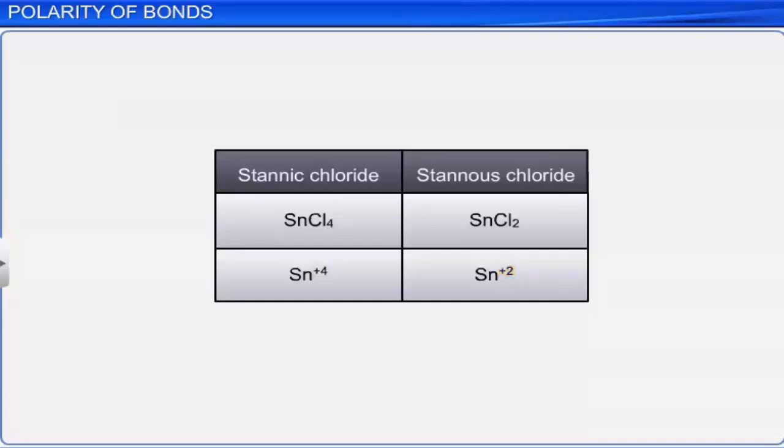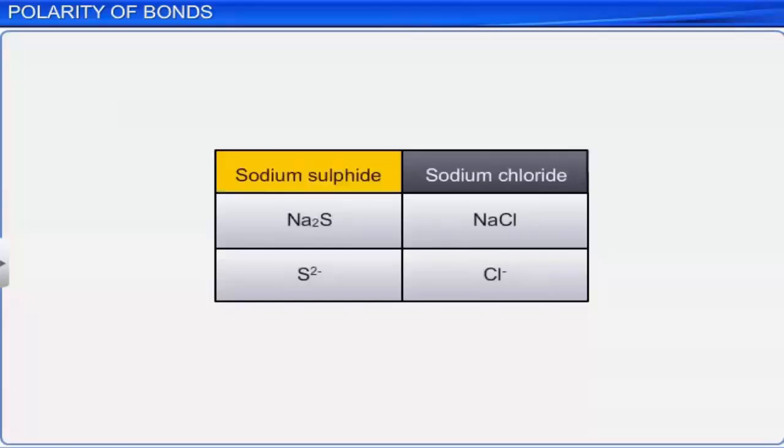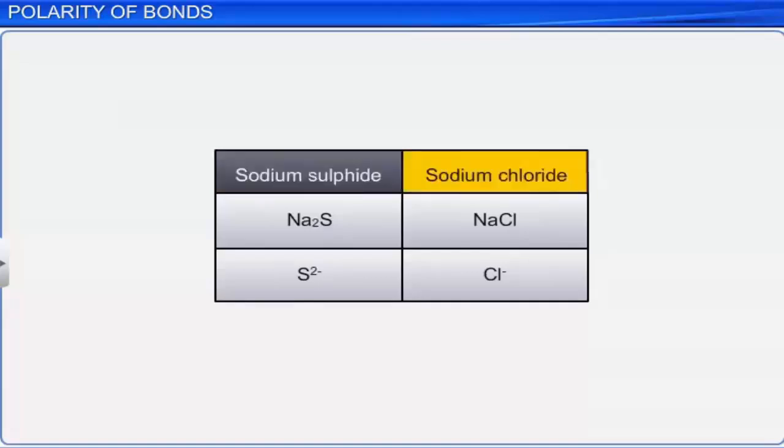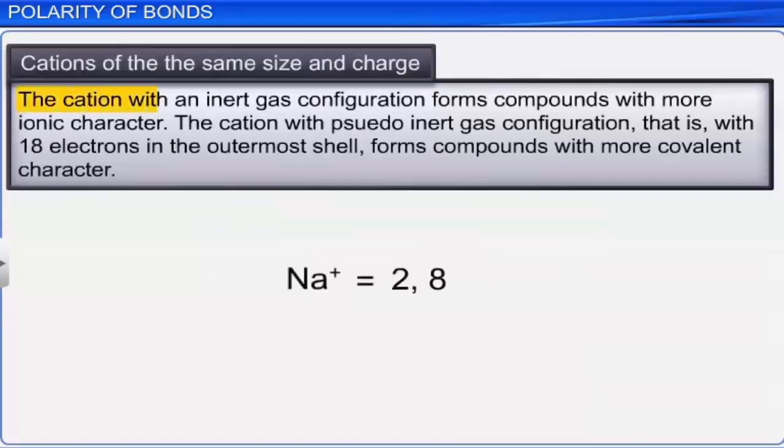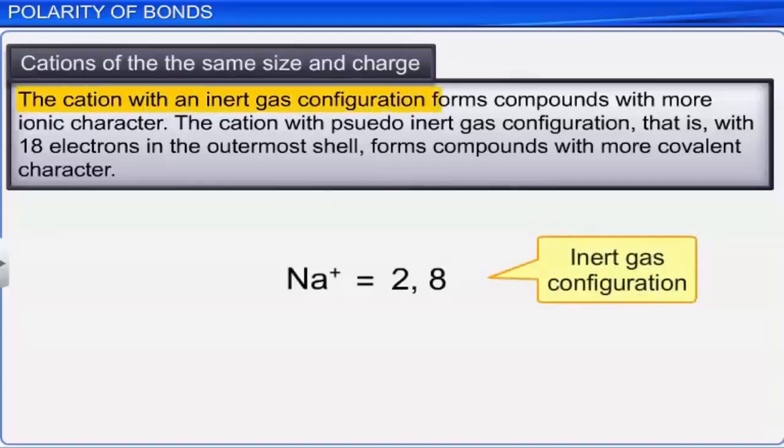On the other hand, sodium sulfide is more covalent in nature than sodium chloride because the charge on the sulfide ion is greater than the charge on the chloride ion. For cations of the same size and charge, the cation with an inert gas configuration forms compounds with more ionic character.